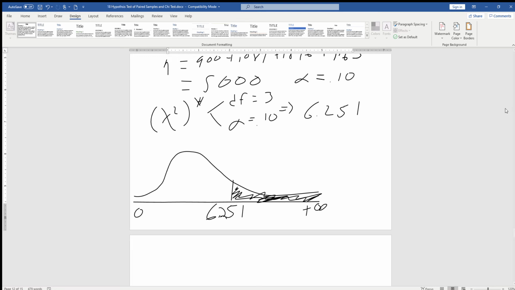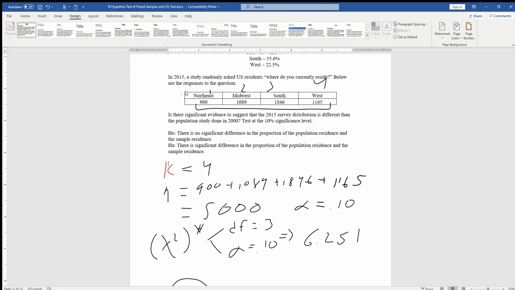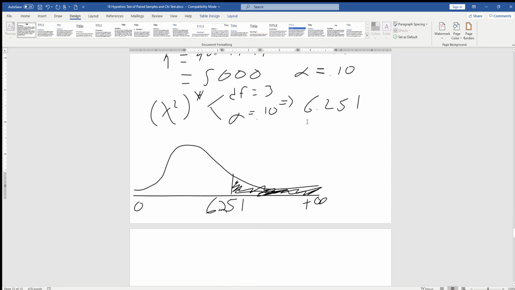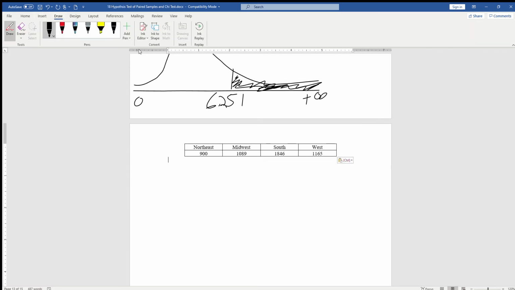So now we have to go through and compute the test statistic. I'm going to copy the table so that I don't have to keep looking back and forth. Now remember, what's given is the observed values. So we're going to make 2 columns to start.